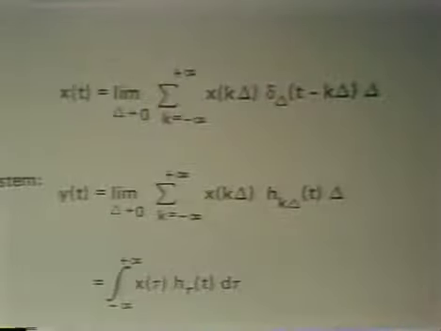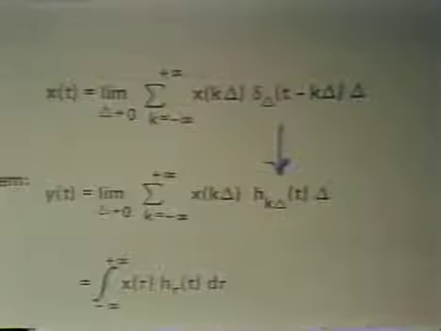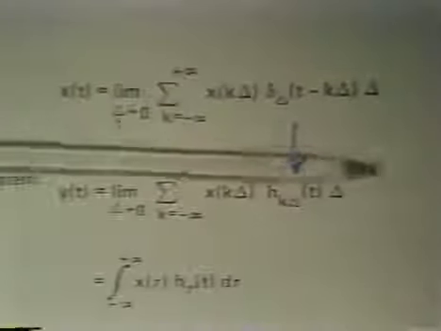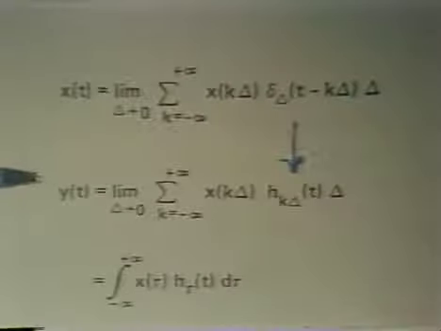So with h sub k delta of t corresponding to the response to delta sub delta of t minus k delta, and the rest of this stuff, the x of k delta and this little delta, are basically scale factors. For a linear system, then, if the input is expressed in this form, the output is expressed in this form.